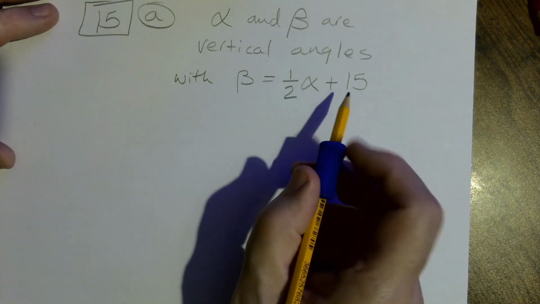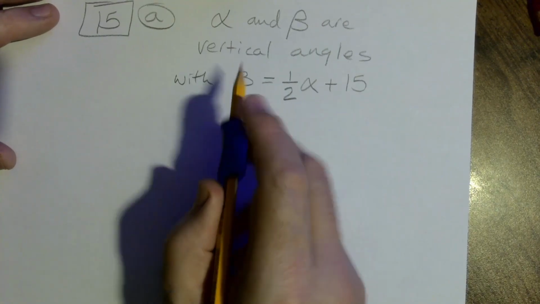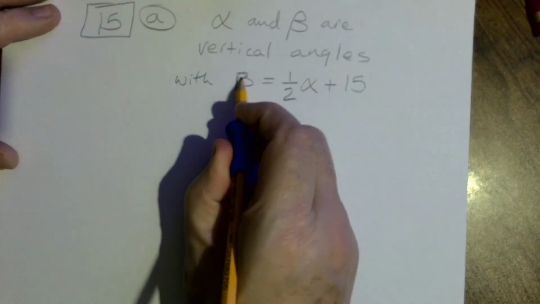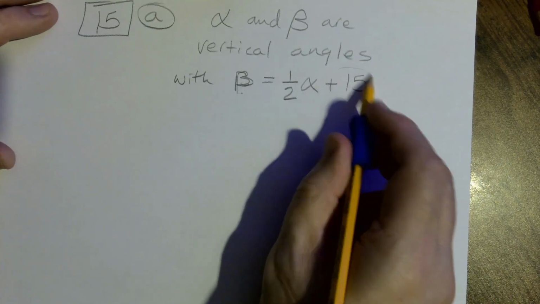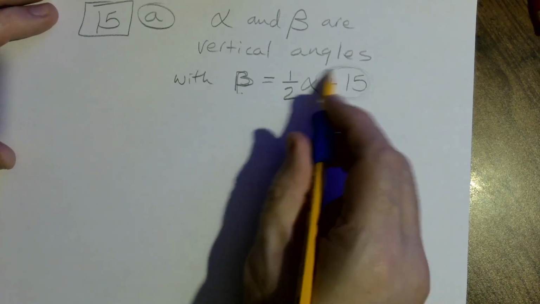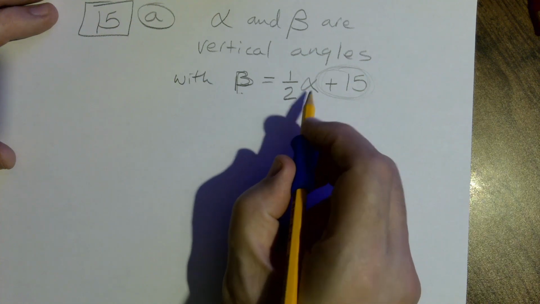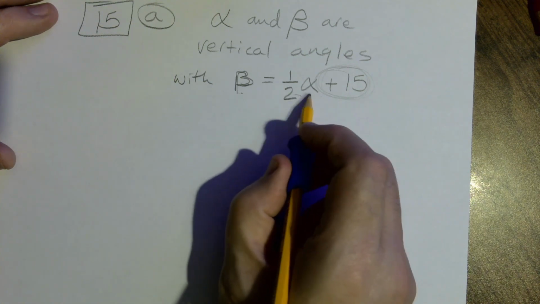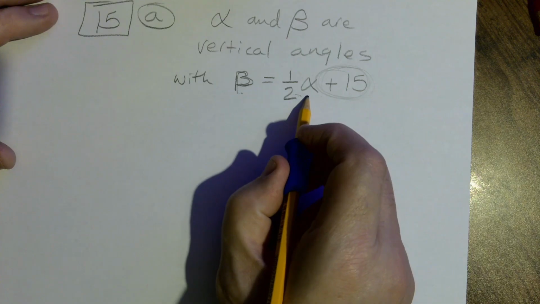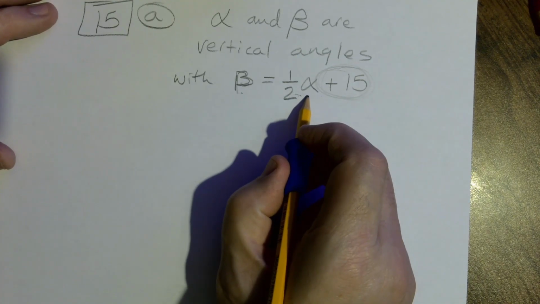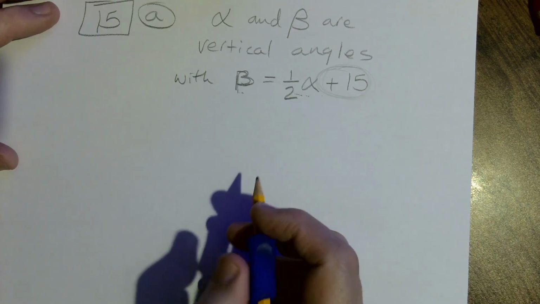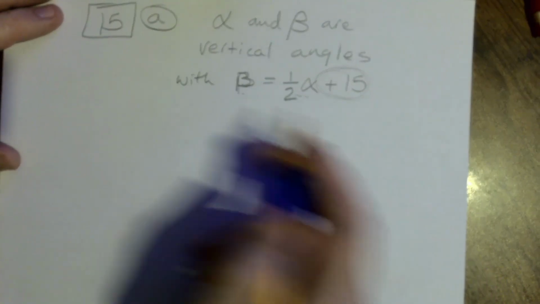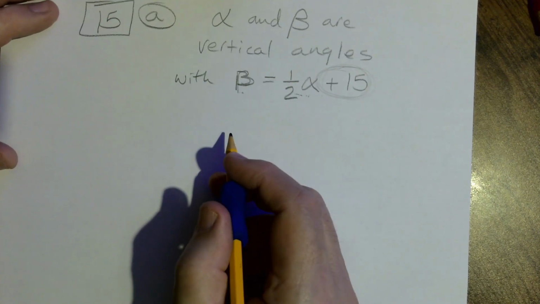Angle beta here has a measure that is 15 degrees greater than half the measure of alpha. So here we have beta equal to 1/2 alpha plus 15. What else do we know? Well, we're given alpha and beta are vertical angles.